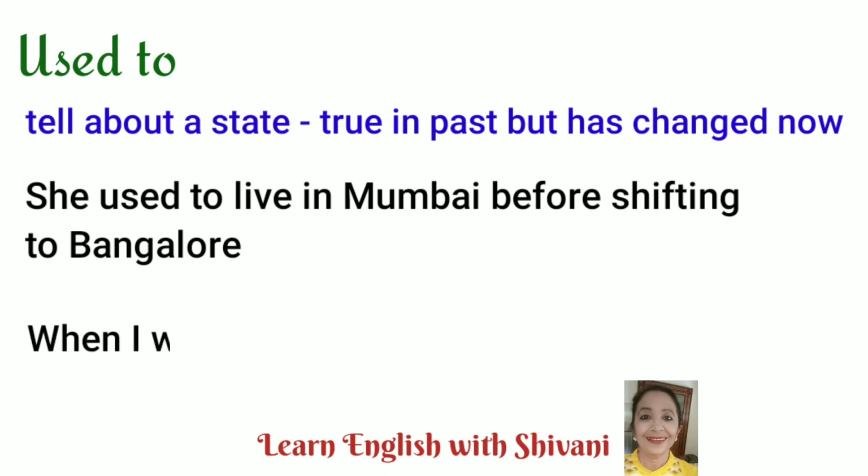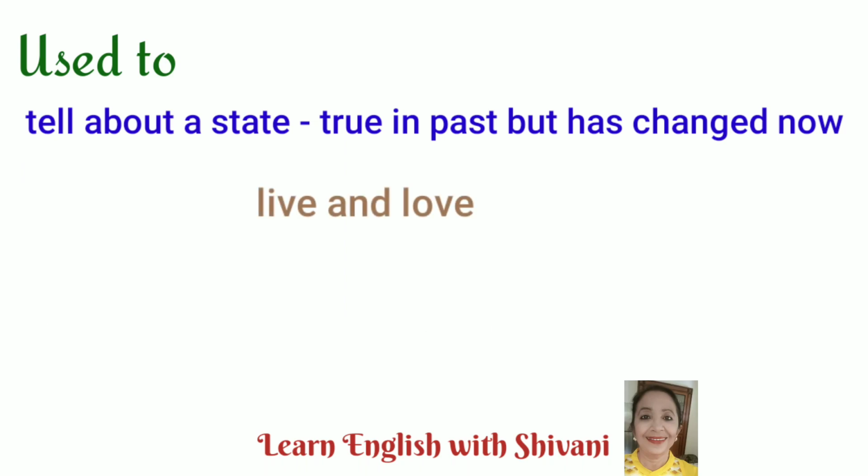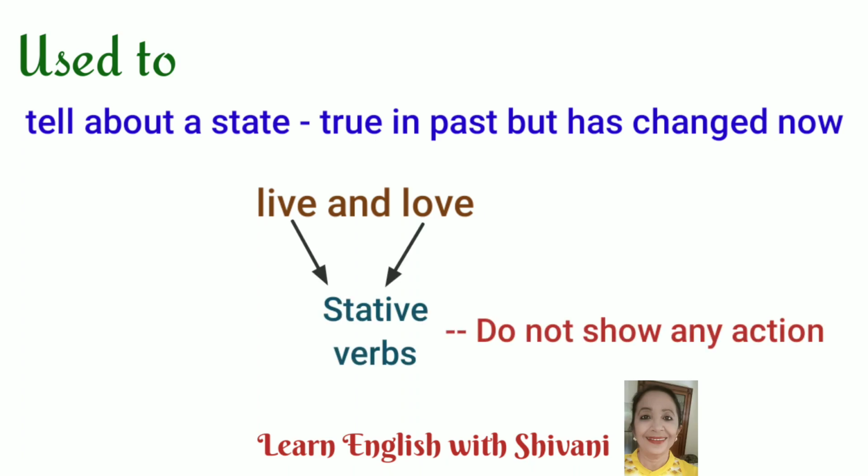When I was young, I used to love chicken, but now I've become a vegetarian. Remember, live and love are stative verbs. They are not action verbs. They don't show any action.